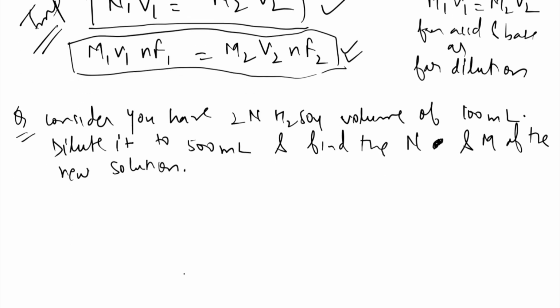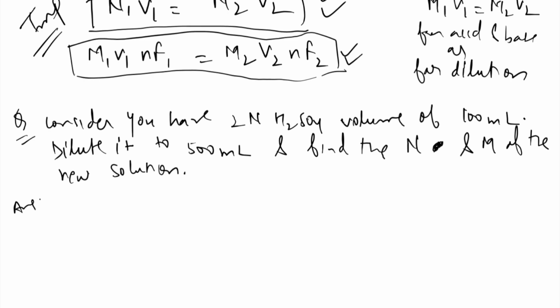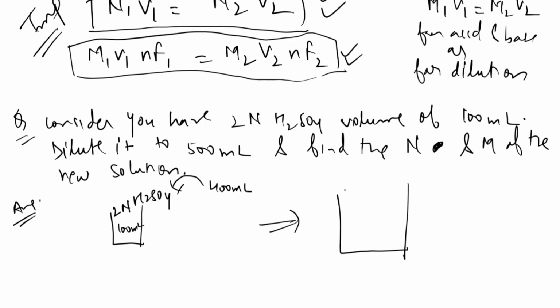This is a very important and easy concept. Whatever we have studied, you will be able to apply. So what they are saying is they have a two normal solution of H2SO4, 100 ml. They are going to add another 400 ml water to make an H2SO4 solution with a total volume of 500 ml.